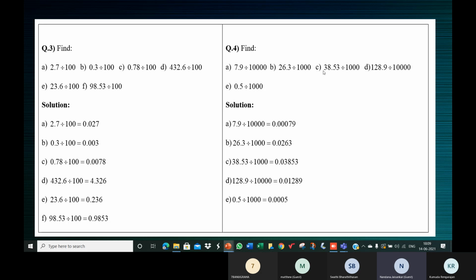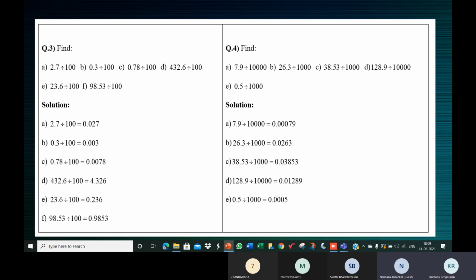Now, explain this one, Nandana. Explain this A here, 7.9 divided by 10,000. How many decimal places in 7.9? 1. How many zeros in 10,000? 4, ma'am. So 1 plus 4 is 5.